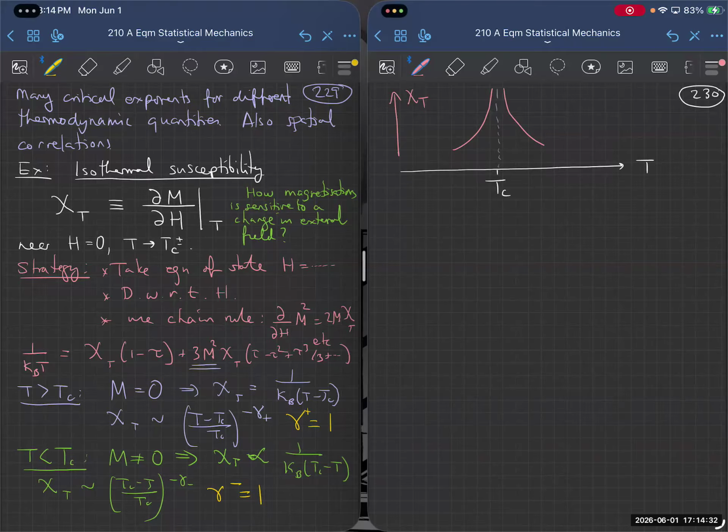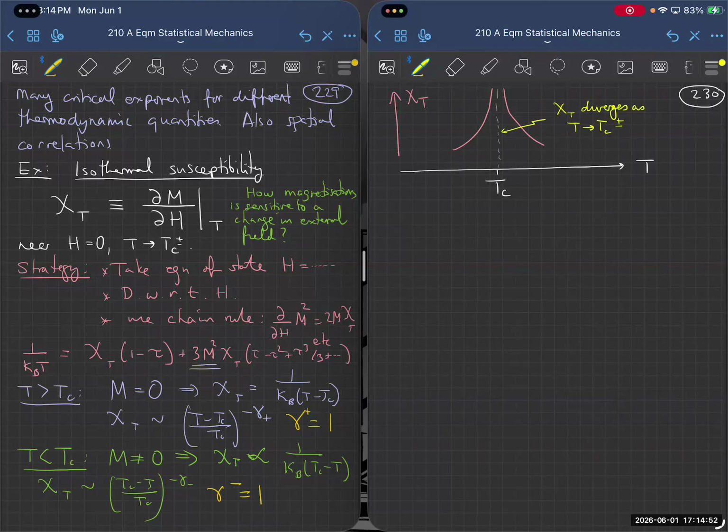So what we've discovered then is that the susceptibility diverges to infinity as T tends to Tc, both from above and below. So there's a divergent susceptibility.